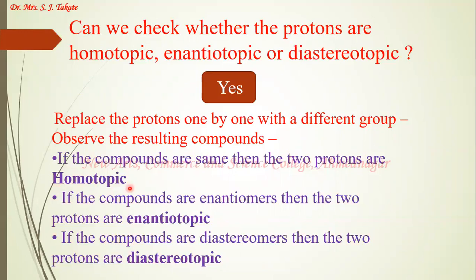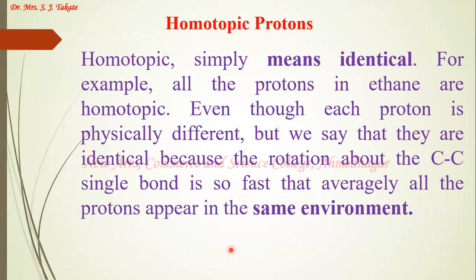If the compounds are enantiomers, then the two protons are enantiotopic. And if the resultant compounds are diastereomers of one another, then the two protons are diastereotopic. This is how the replacement test can help you check whether the protons are homotopic, enantiotopic or diastereotopic.